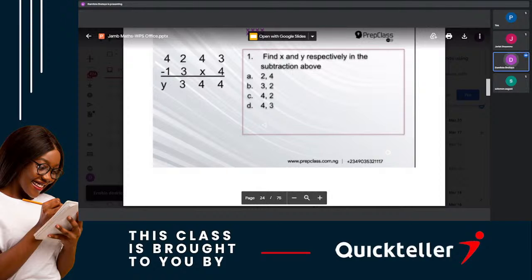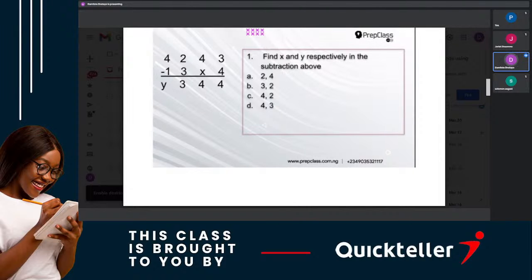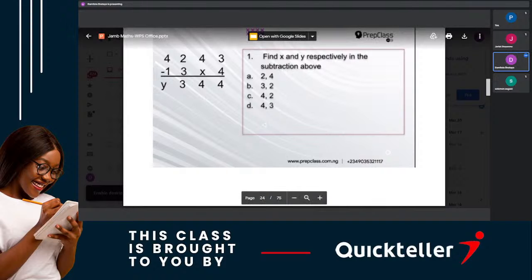They just gave you questions. If it were normal subtraction, 13 minus 4, 3 minus 4 is not possible, so borrow one from here. 13 minus 4 can't give you 4. That means this is not a normal subtraction. This is a number base subtraction. Now, what base will I subtract from, such that subtracting 4 will give me 4?